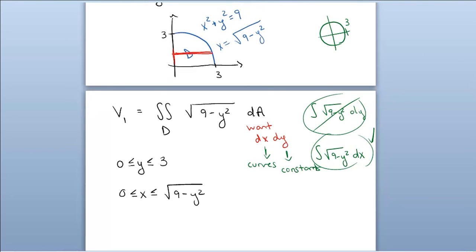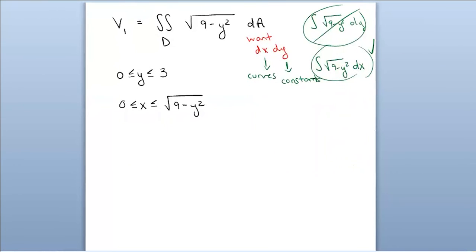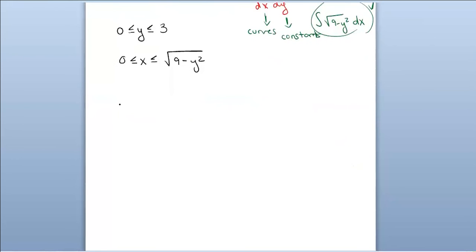And now we're ready to integrate. So I am going to come back up to that picture to explain why this isn't actually the entire volume. So again, I'll call this V1. And now let's go ahead and put in our limits of integration. So the outside should be the constants and the inside should be the curves.